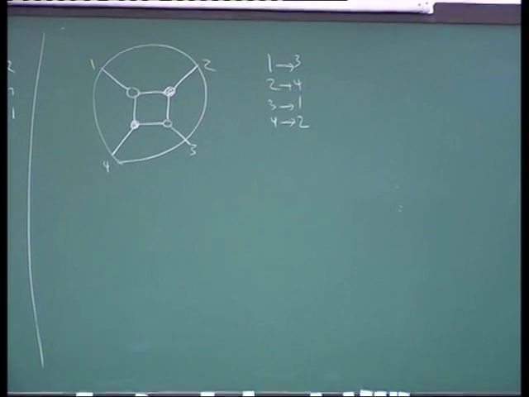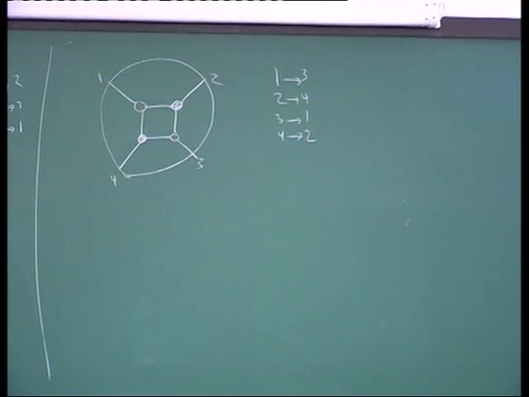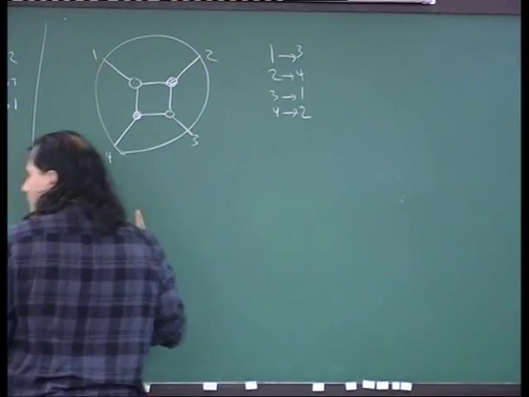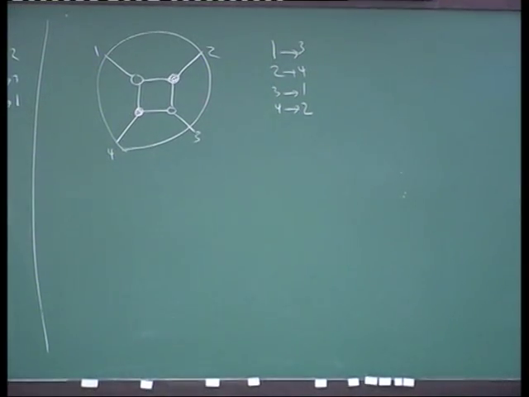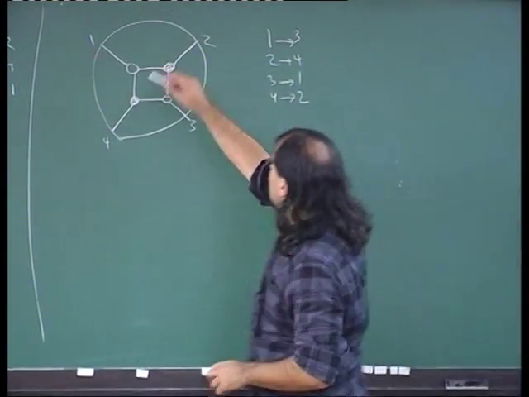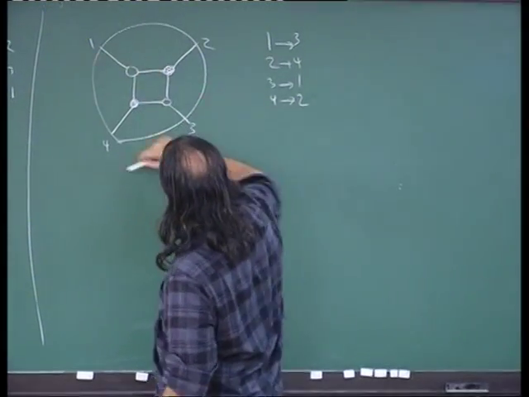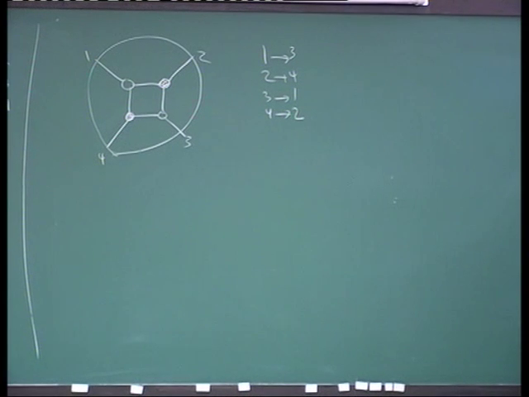But before doing that, I need to tell you a little bit more about what kind of permutation this is, because these things are actually slight generalizations of a normal permutation. The reason we have a natural generalization of the notion of a permutation is that we have a cyclic ordering of the guys on the outside. So 1 to 2, 2 to 3, 3 to 4, and so on.